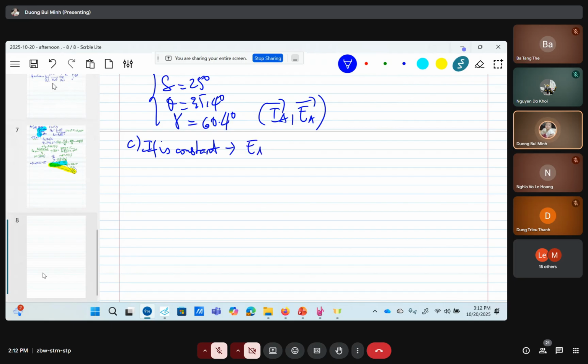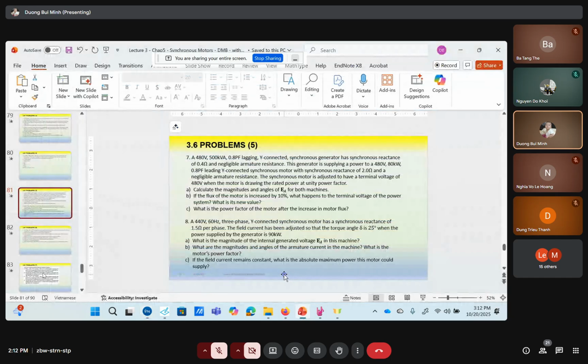IF constant means phi m constant, and phi m constant means EA is constant. Okay, EA constant. What is the absolute maximum power this motor could supply?